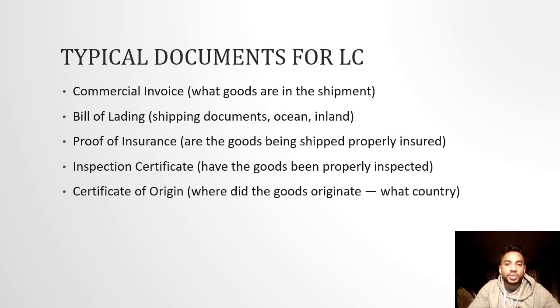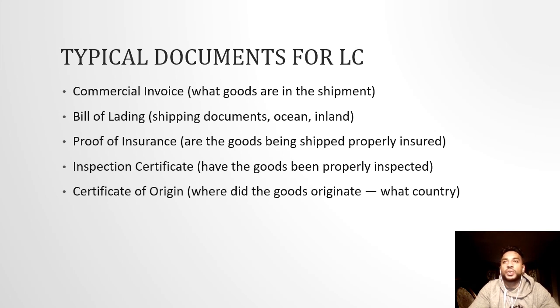So, typical documents for an LC. Like I was talking about, this is basically everything that we did. Obviously the invoice, which is the total amount of money. Bill of lading, like shipping documents, ocean or inland. Proof of insurance. Inspection certificate, so we have to make sure that the goods have been properly inspected.